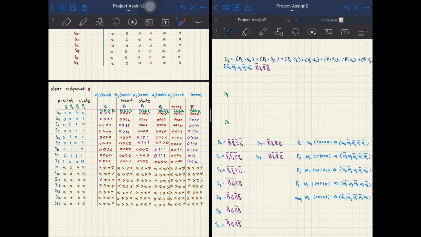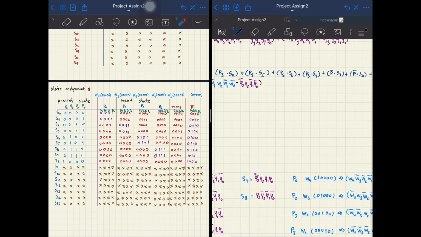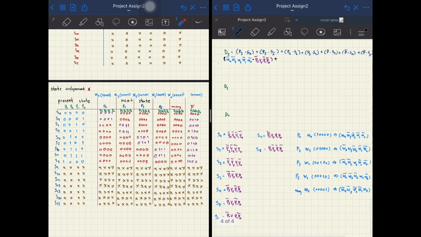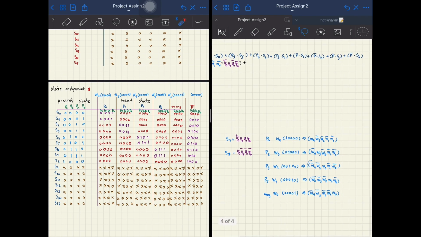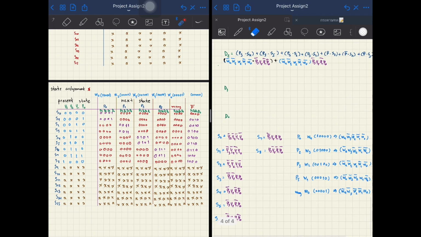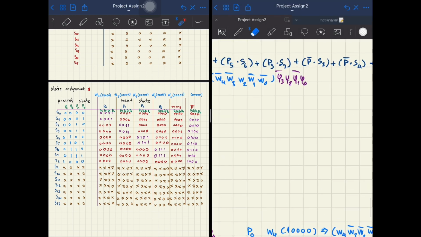I must use black. So here it is P3 and with S4 we got this. So we do the same. Add another term. P3 and with S5, we look at P3. P3 is this, right? And with S5 is this. S5 means state 5. So we write it properly.